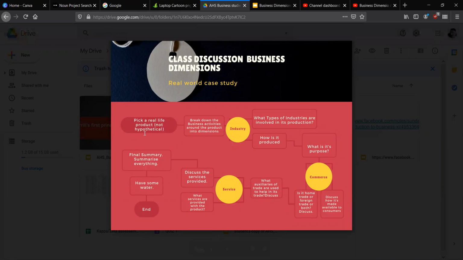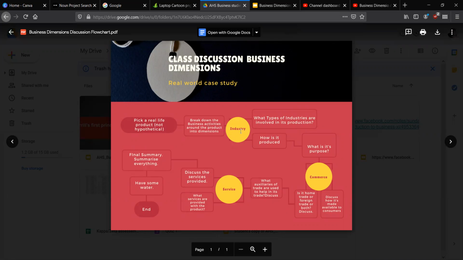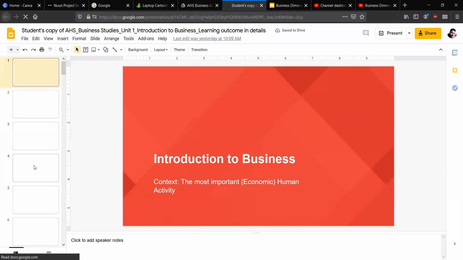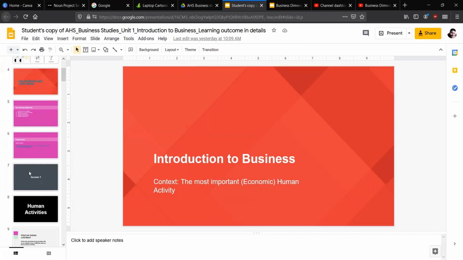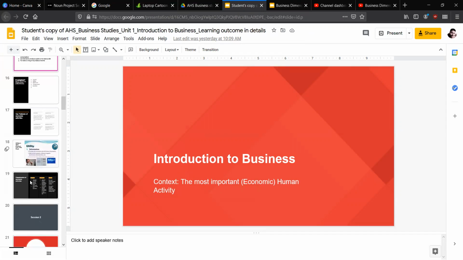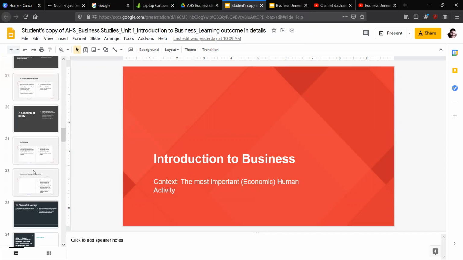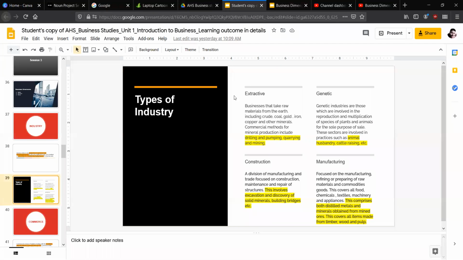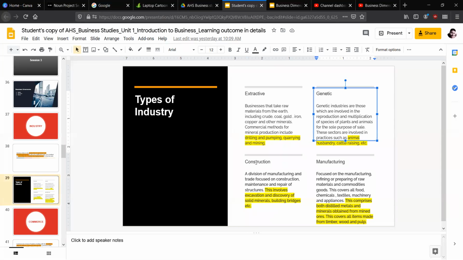Okay. So once you have selected the product, you need to break it down in terms of industry, commerce, and service. So going back to the slide set that we have been using in the classroom, I have these slides that I've given to you where we have categorized all of these business dimensions. So industry, you have extractive, genetic, construction, and manufacturing.